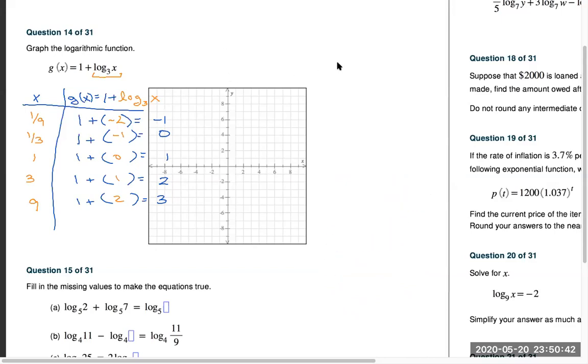Okay, so the points we're going to be graphing: (1/9, -1), (1/3, 0), (1, 1), (3, 2), and (9, 3).